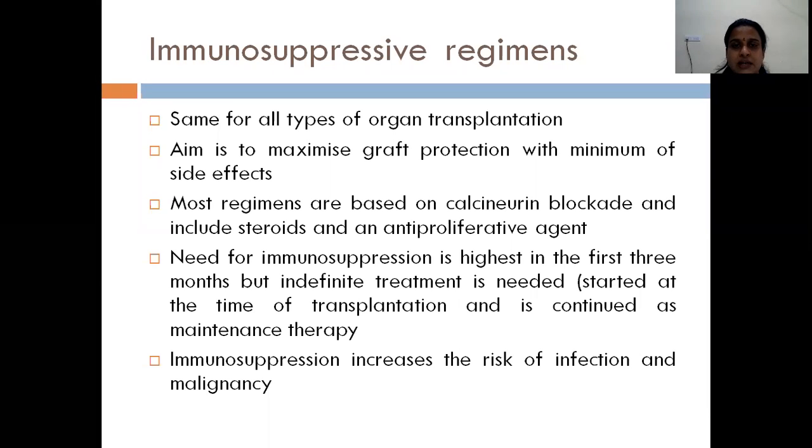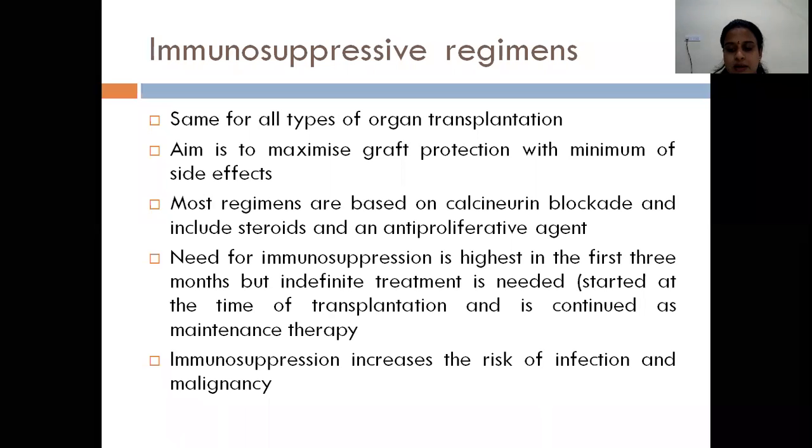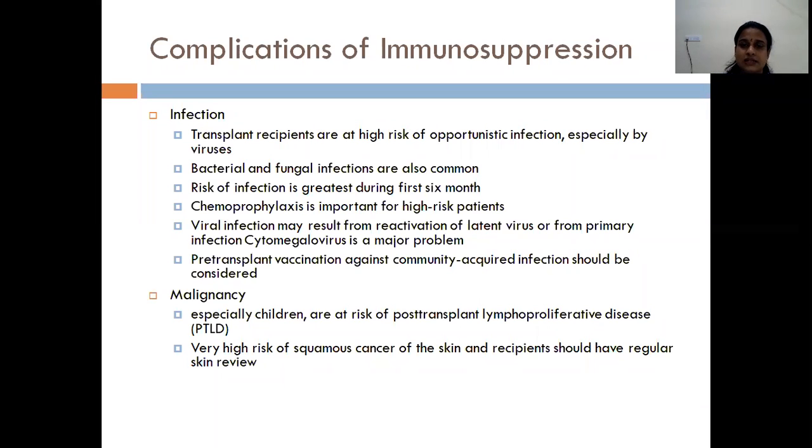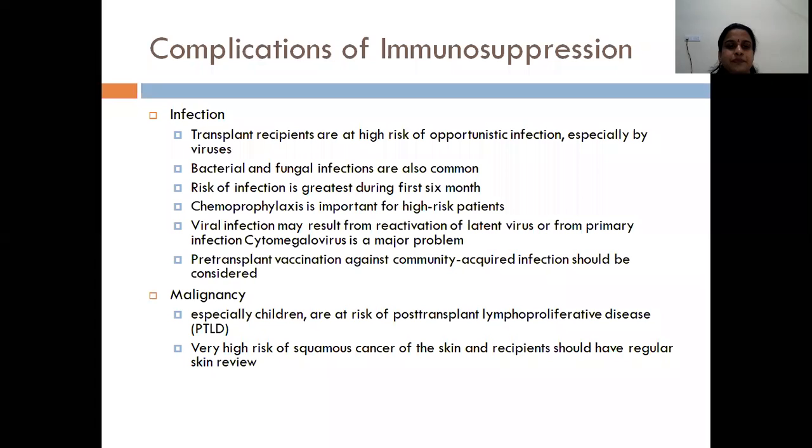Now, immunosuppression will obviously increase the risk of infections and malignancies. So you should keep in mind the various complications of the immunosuppressive therapy that you are giving to the transplant recipient. The first thing is infection, which is very common.